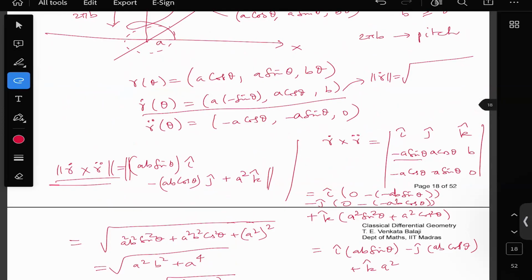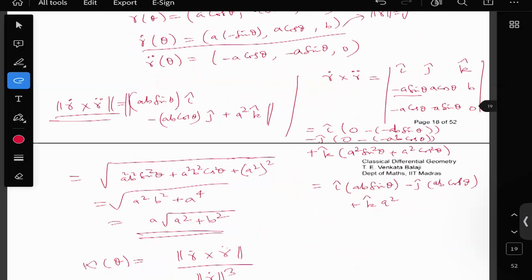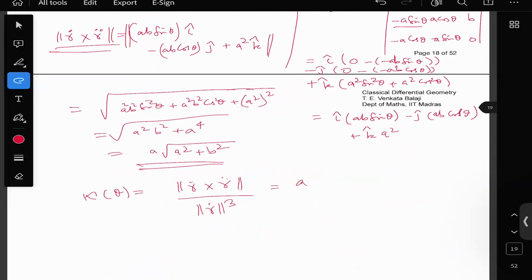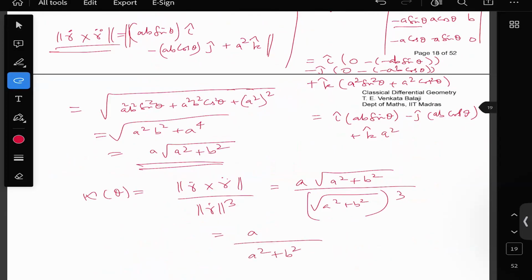So it's going to be simply a squared plus b squared, and that's it, right? Therefore I'll get a into root of a squared plus b squared by root of a squared plus b squared the whole cube, and then I'll get a by a squared plus b squared. That is the curvature.